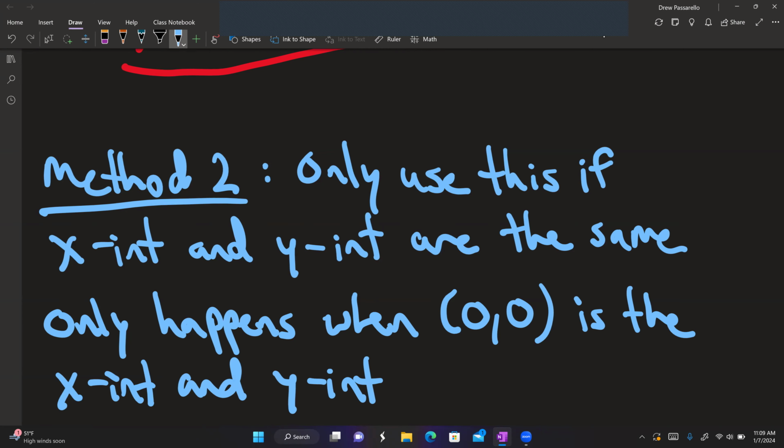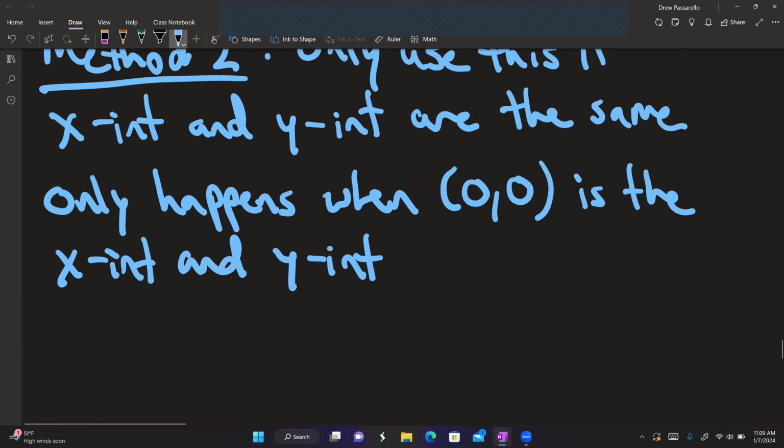Okay, so how do I do the second method? Now, what I'm going to do is, instead of using the x-intercept or y-intercept, I'm just going to choose two values for x.